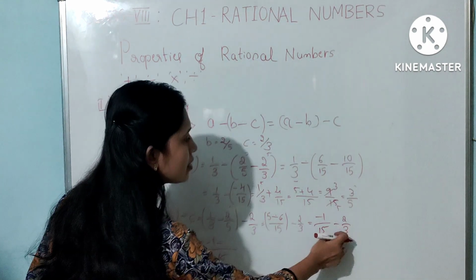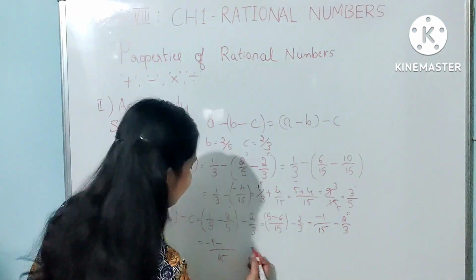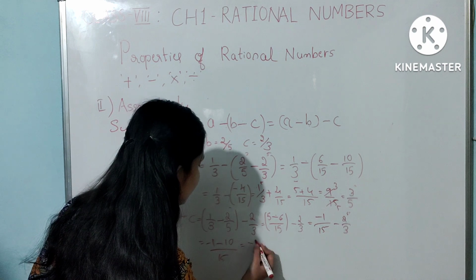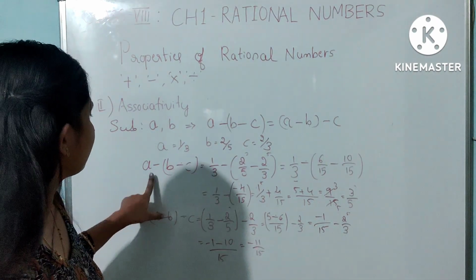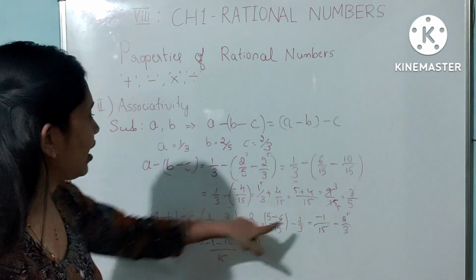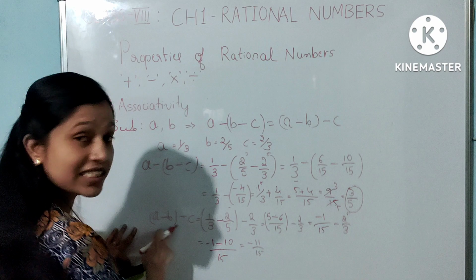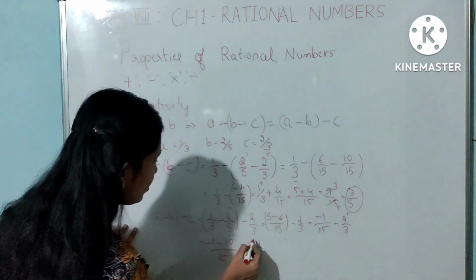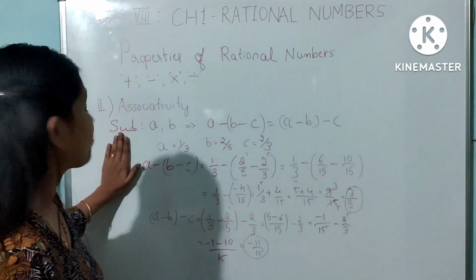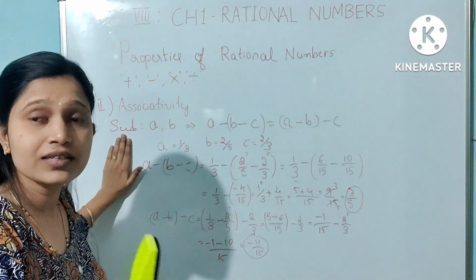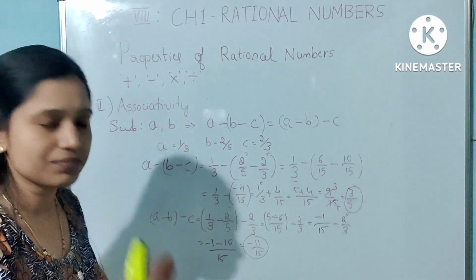Minus 1 minus 10, right? So it is minus 11 by 15. So a minus (b minus c) value is 3 by 5 and (a minus b) minus c value is minus 11 by 15. So subtraction is not associative for a given rational number.